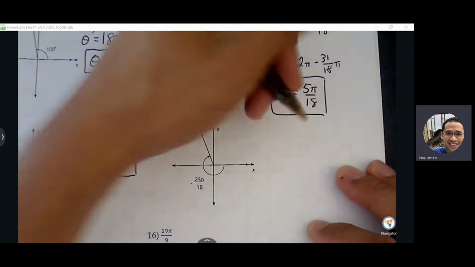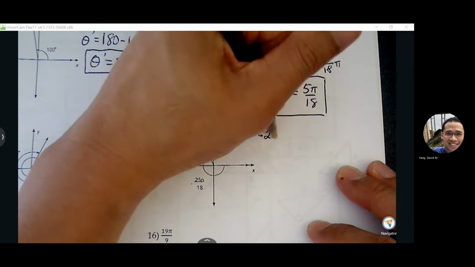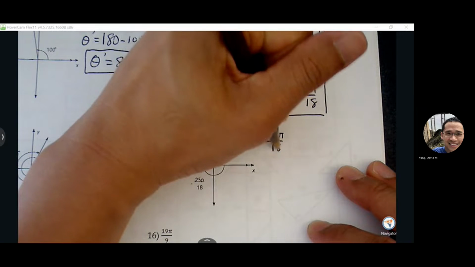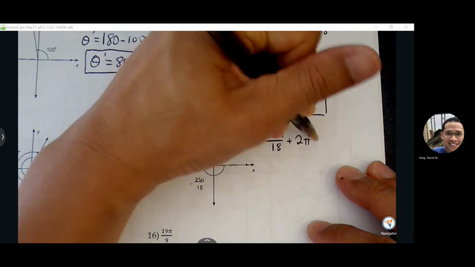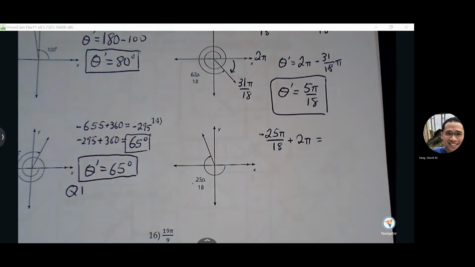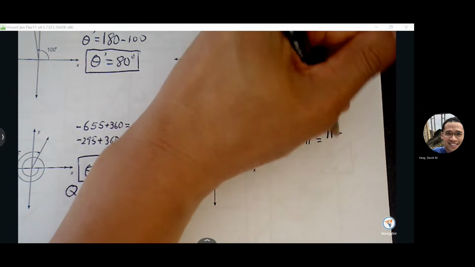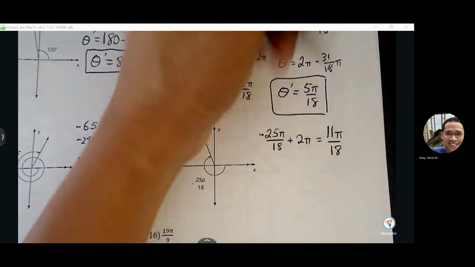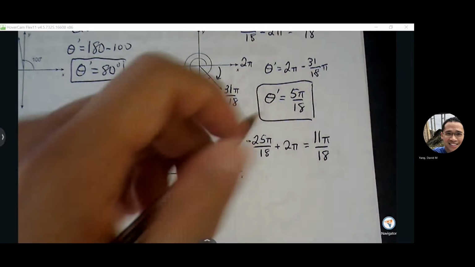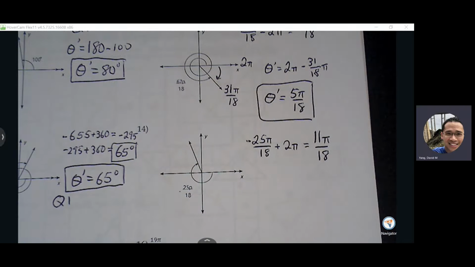I'll work through number 14. Negative 25/18 plus 2 is 11/18.